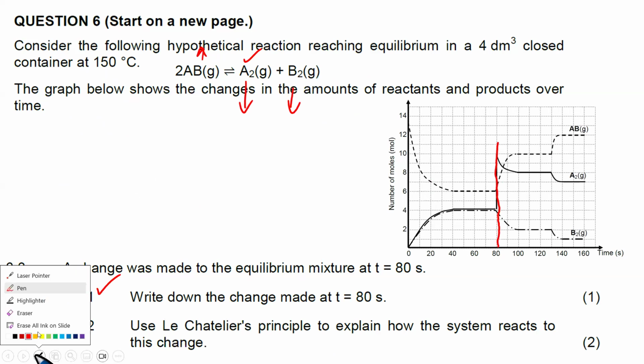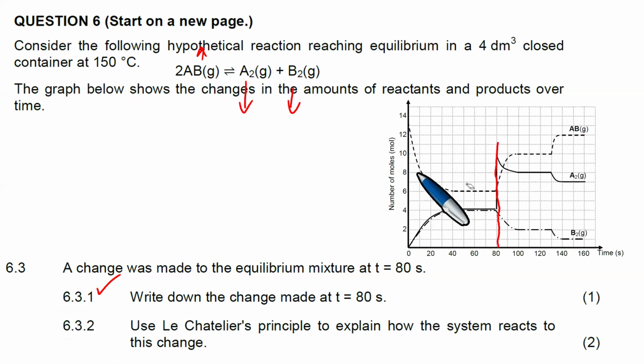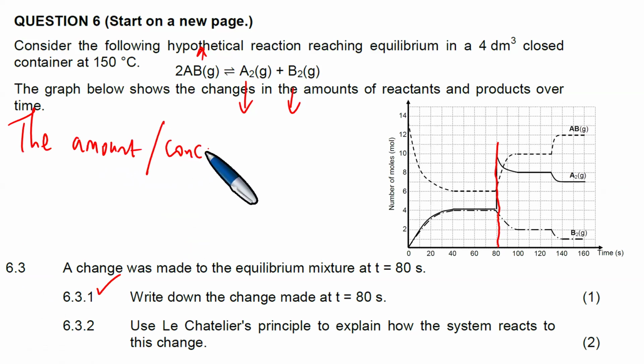Okay, so there was a change that was conducted and it decreased A2, decreased B2, but increased AB, the amount. The amount or concentration of A2 was increased.